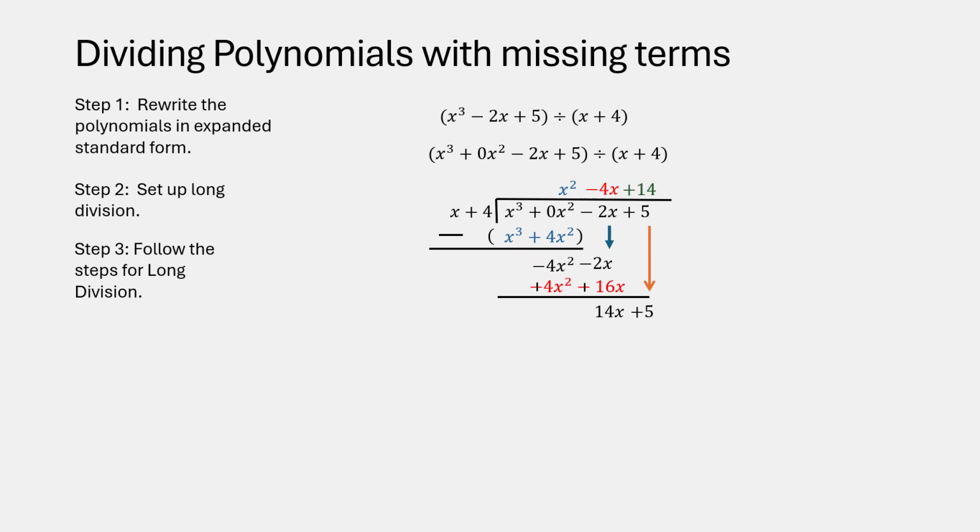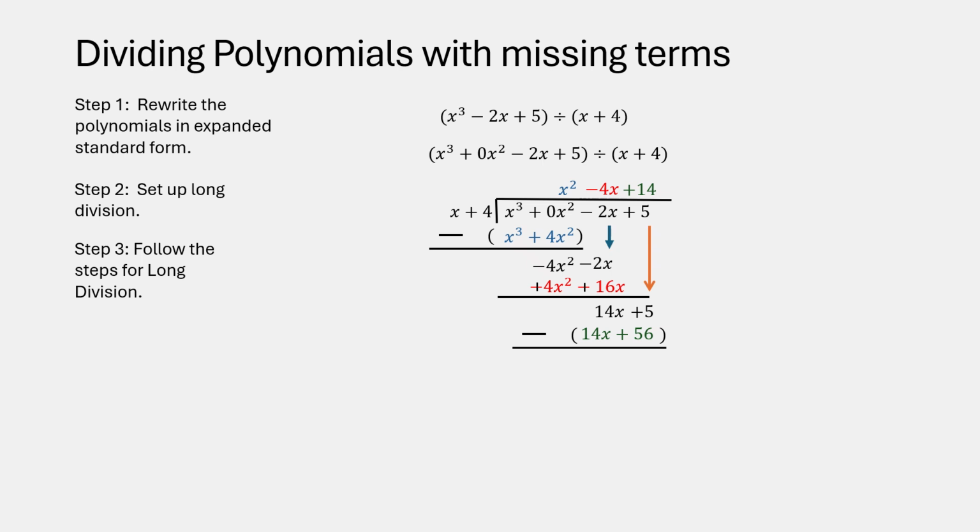And we get 14x plus 56. And what do we do? Once again, we subtract. And we know the first term should cancel out. That was the point of this. And then you got 5 minus 56 gives me a negative 51. So I have another remainder. All right.